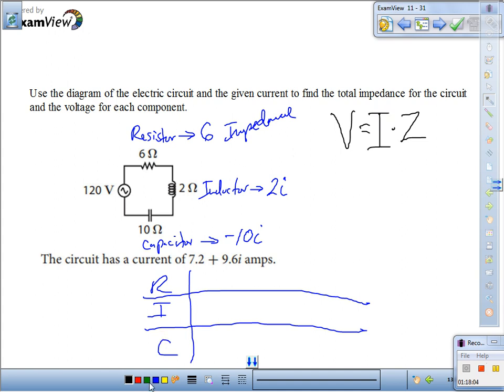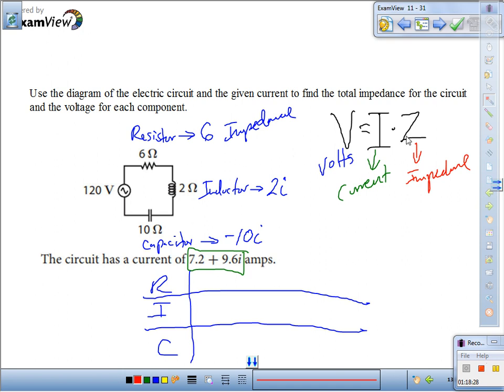Label this, make sure you have this, because you need to know this. V is volt. This is current, which is I. And the Z is our impedance for each one.